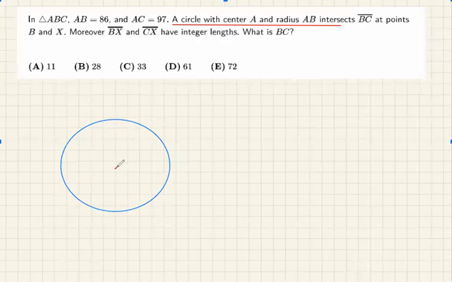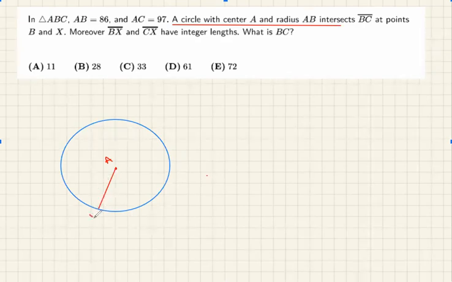And let's call this A. And then the radius will be AB, meaning that AB is 86 will be my radius. So I'm going to go ahead and draw that. If I don't like my picture after the first draft, I can always redraw and do it a bit differently to make it a bit more accurate.